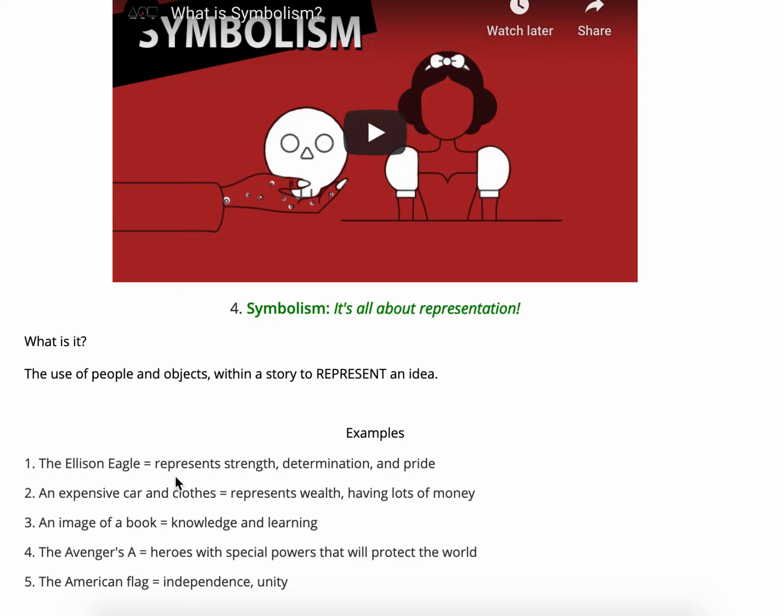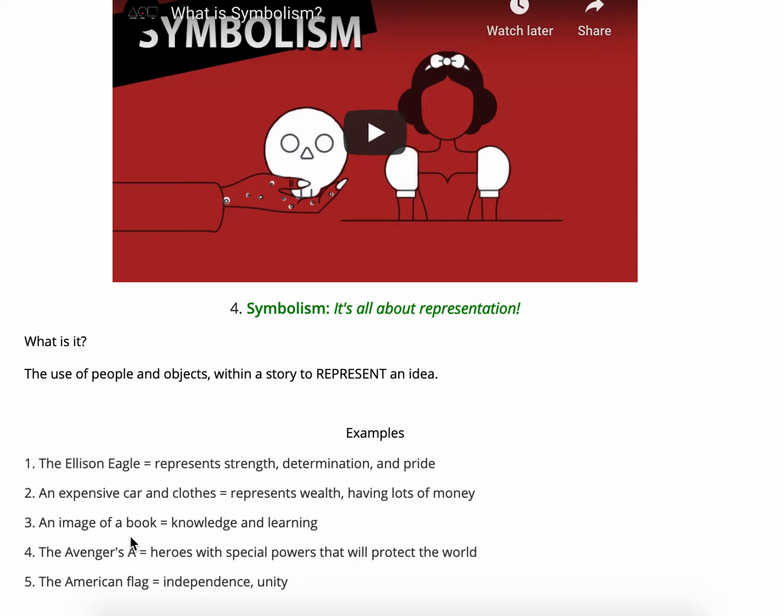So the Ellison eagle, it represents strength, determination, and pride. Two Ellison eagles, right? That's what it represents. But I mean, Shoemaker and Harker Heights and Colleen may see it very differently, right? They see that as an opponent, a symbol of their opponent. An expensive car and clothes, that tends to be symbolic of wealth and having lots of money.